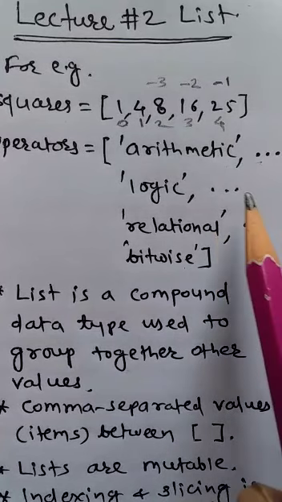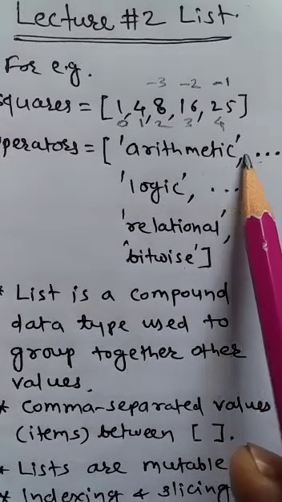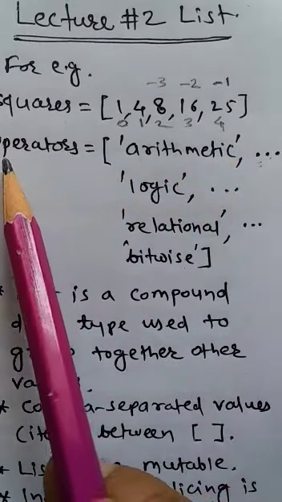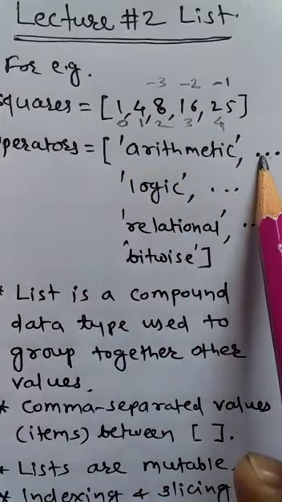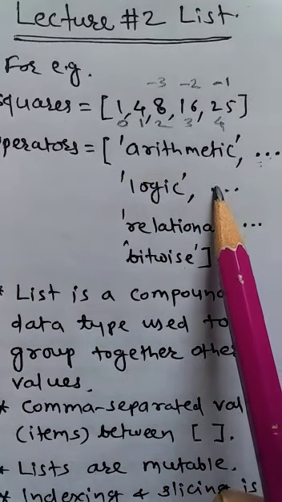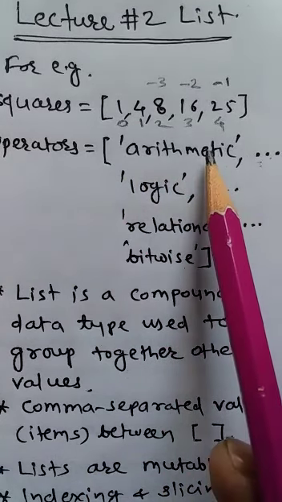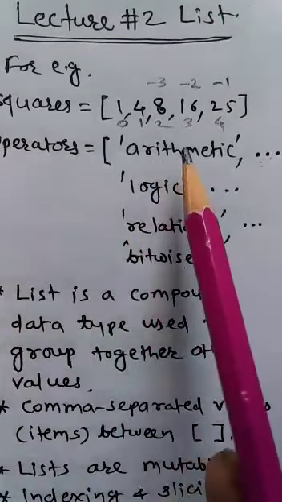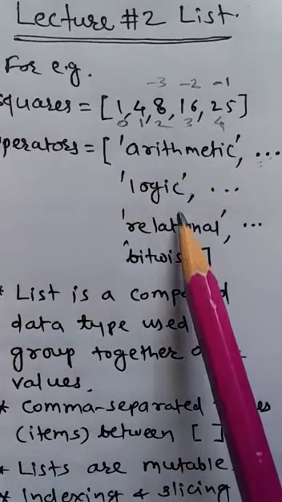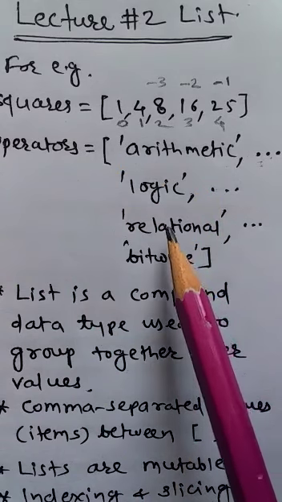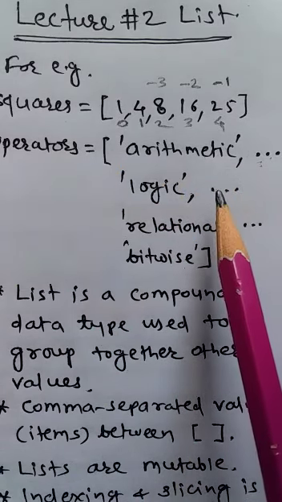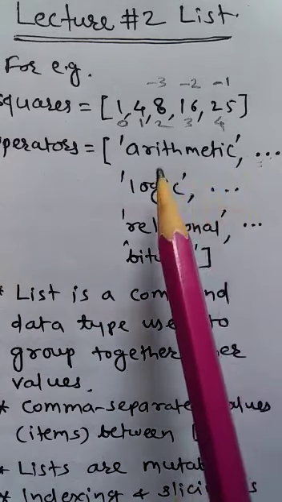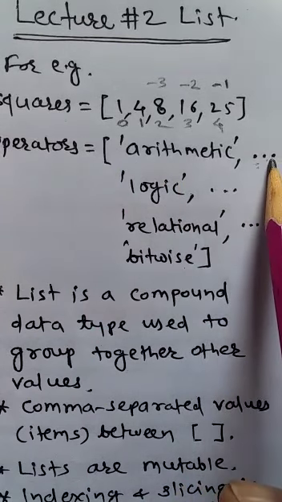They indicate that the statement in Python is still not complete, but continues on the next line. First line, second, third, fourth. To write one single statement we took 4 lines, and to write it in the Python interpreter or editor, we have to put 3 dots.